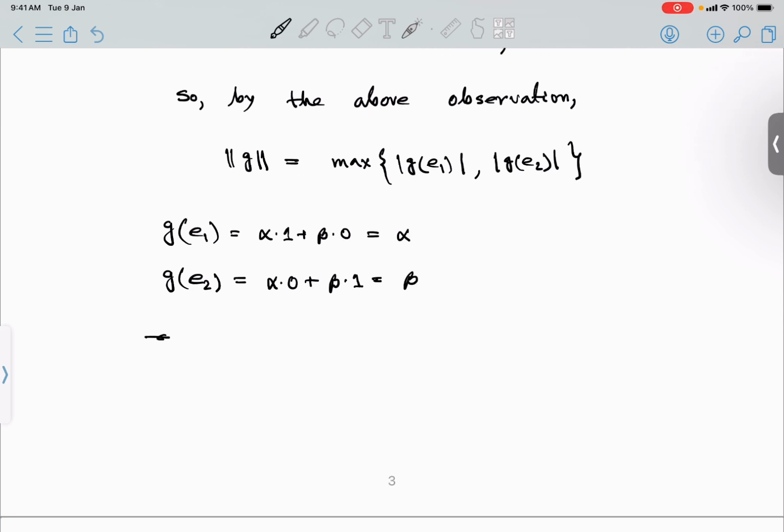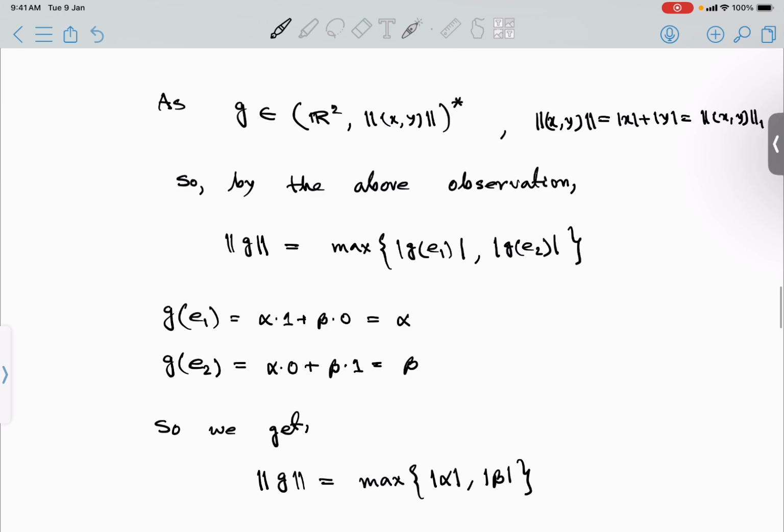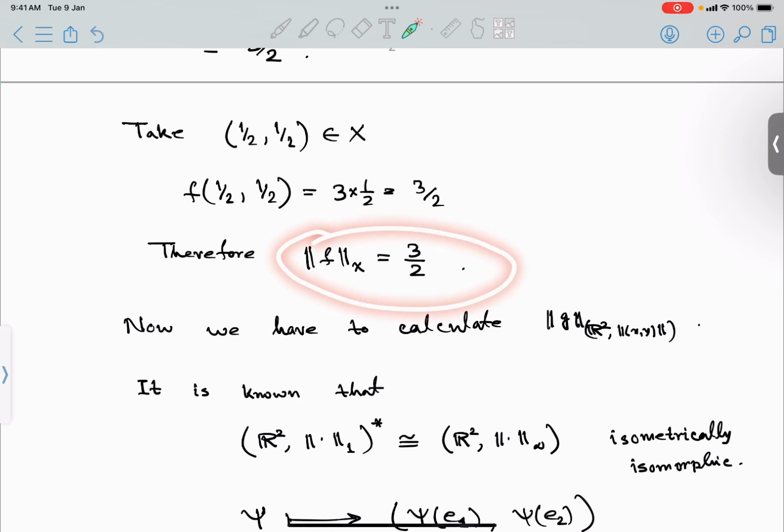So we get the norm of G is the maximum of mod alpha, comma mod beta. So now we get both the norms. Here we get the norm of G is this, and the norm of F we got earlier.